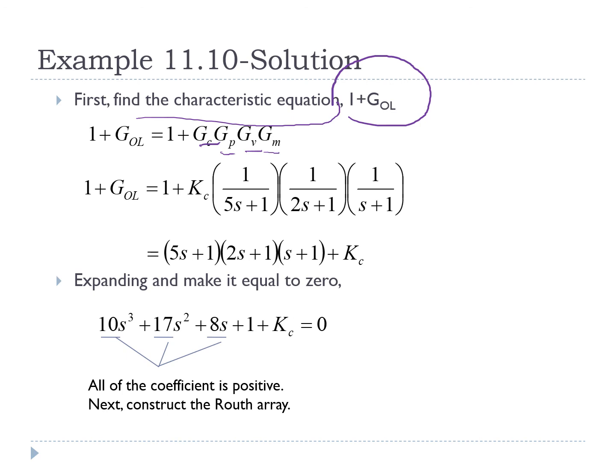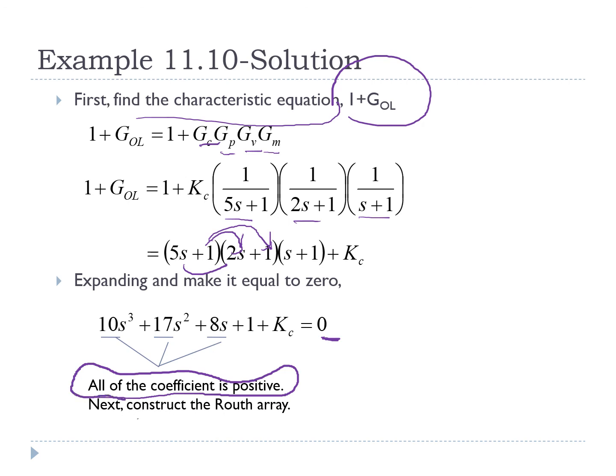Now expand by multiplying all the terms and make it equal to 0. You can see that all of the coefficients are positive.